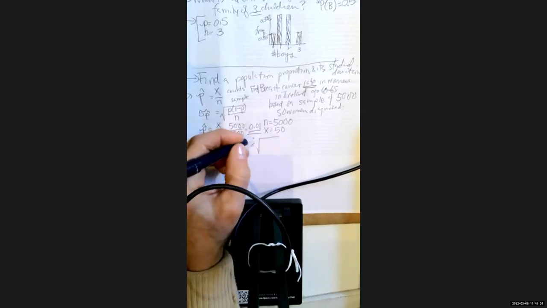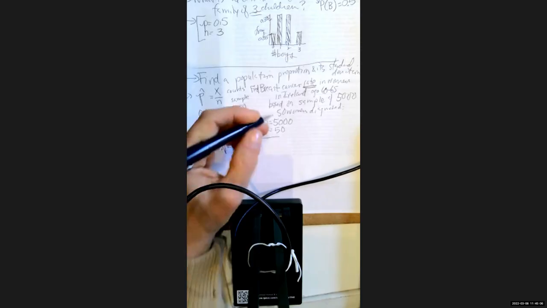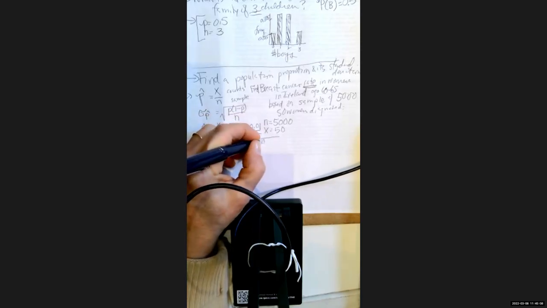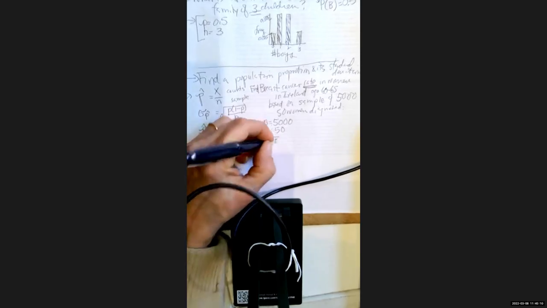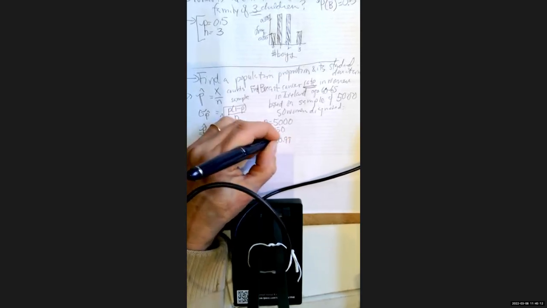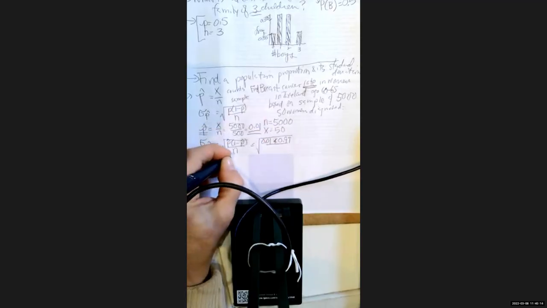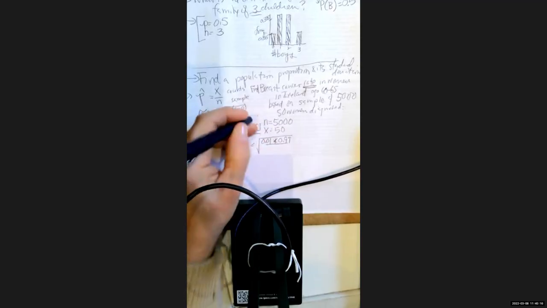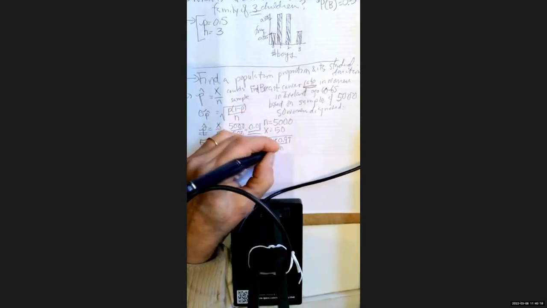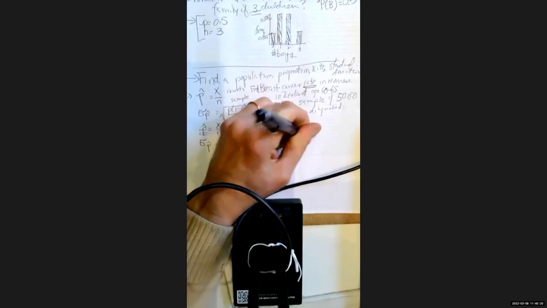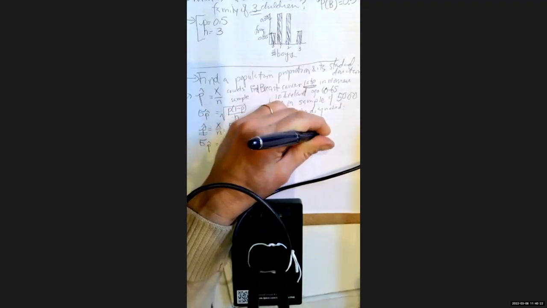Then the square root of P hat times 1 minus P hat is 0.01 times 0.99. My little n is still my little n from up here, 5,000. And when I calculate that, it's 0.0014. So that's not incredibly exciting or interesting.